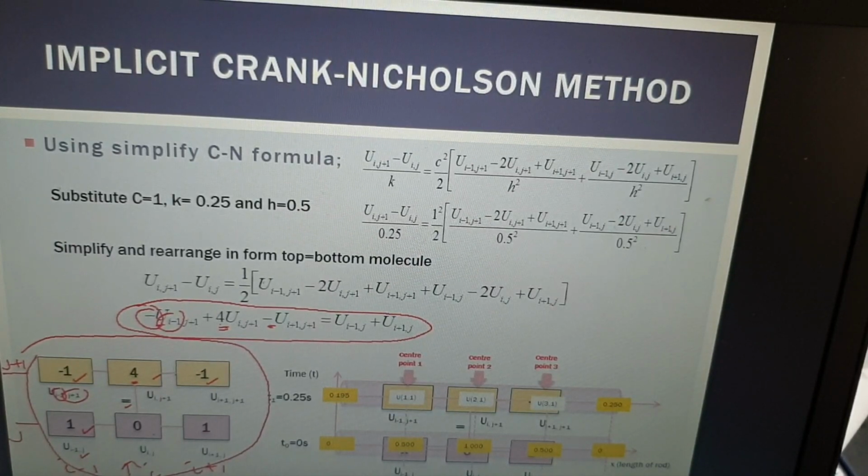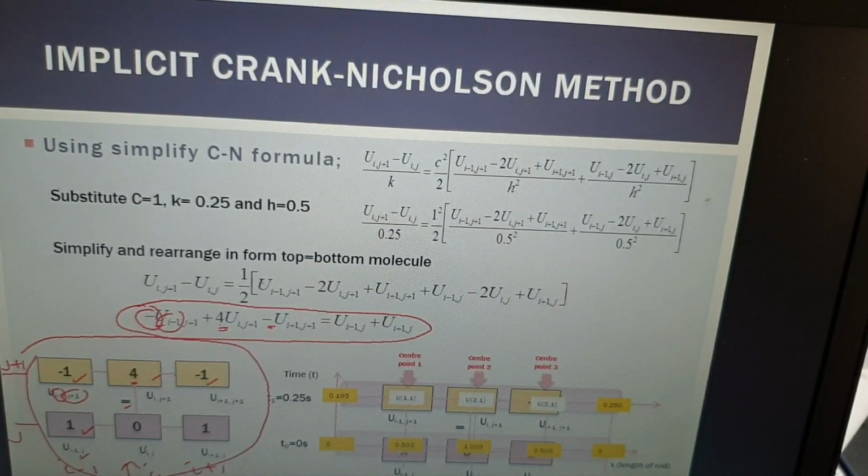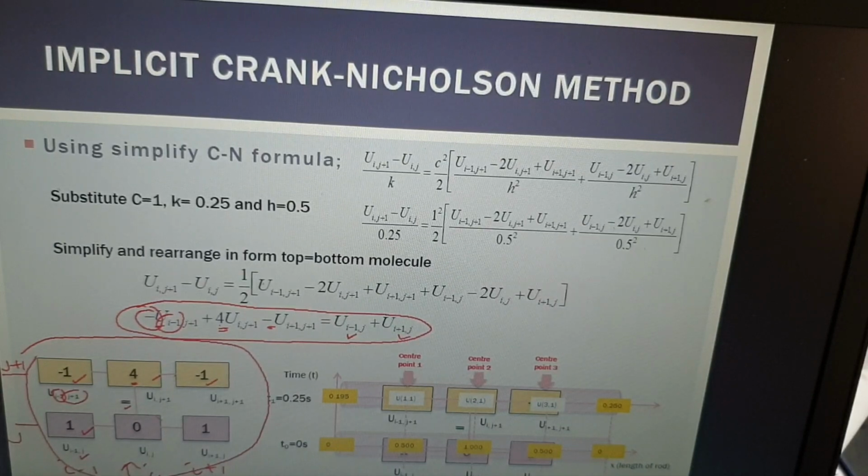I don't have any value at position u_i,j, because over here I only have i-1,j and i+1,j. So that one is 0, and plus 1 at the position i+1,j. So from the final equation that you have created from the simplified Crank-Nicolson formula, you can transfer it into the molecule formula so that you can use it to do the approximation in the next step.